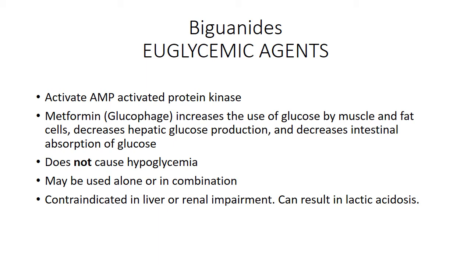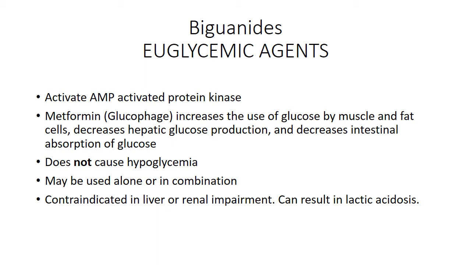Next class is biguanides. And I have told you that there is one such class that does not cause hypoglycemia. So these biguanides are called euglycemic agents because they do not cause hypoglycemia. They activate AMP activated protein kinase. The drug name is metformin.